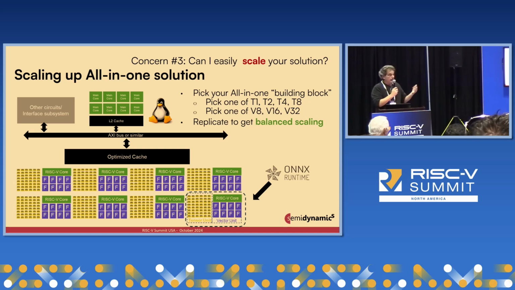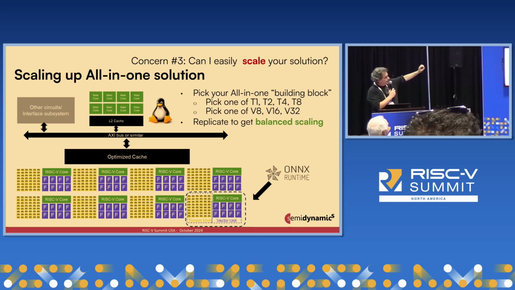And when someone asks us, well, but I'm a little bit confused, how do you scale your thing, right? We say, look, you take this thing that's at the bottom, which is what I was showing, the core, the vector unit, and the tensor. And in this example, I'm showing you 8 copies. And you could run some cores up there. And of course, we would like those to be RISC-V, but there's people that insist on having ARM there. It's fine. We can still do that, right?